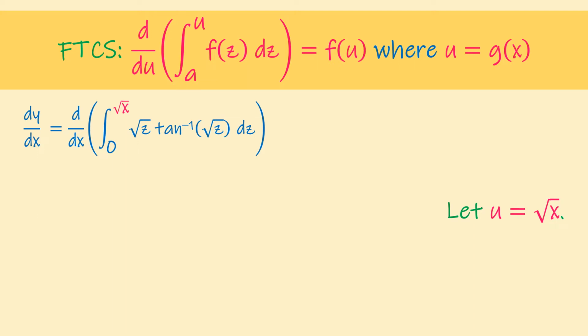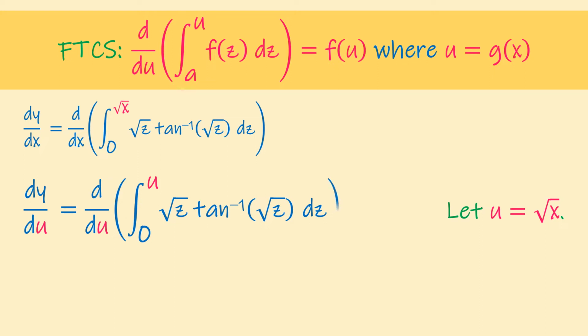The problem now becomes the derivative of y with respect to u. Because the limits of integration are now a constant and a variable, we can now proceed with applying the fundamental theorem of calculus with substitution.